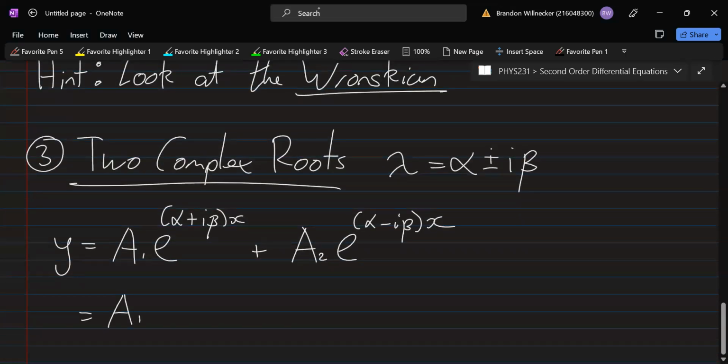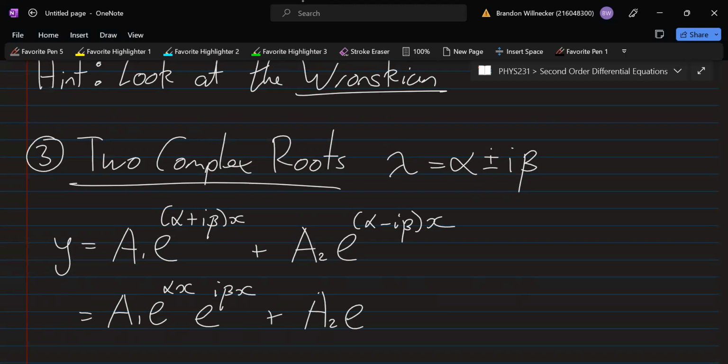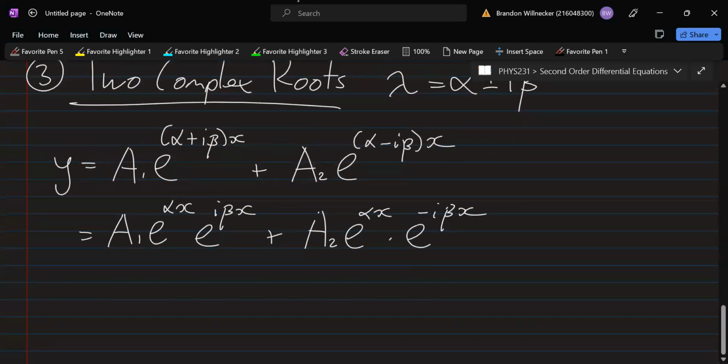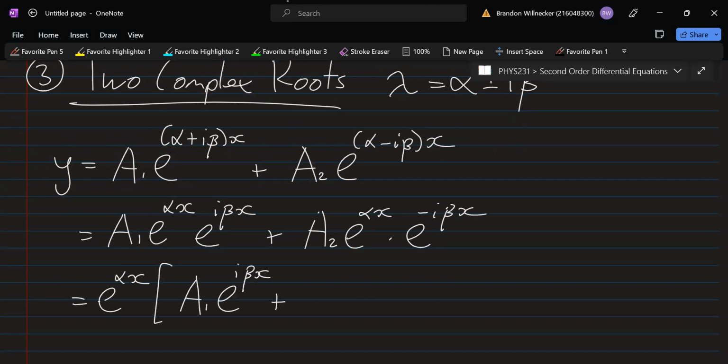We can write this as a1 e to the alpha x times e to the i beta x plus a2 e to the alpha x times e to the minus i beta x. Now this e to the alpha x we can take out. So we have e to the alpha x times (a1 e to the i beta x plus a2 e to the minus i beta x).